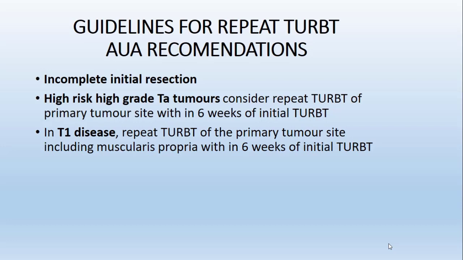So, guidelines on the repeat resection. Repeat TURBT should be done if there is incomplete initial resection, or for high-risk, high-grade Ta tumors within 6 weeks, and in all T1 disease, repeat TURBT must be done. These are the American Urological Association guidelines.